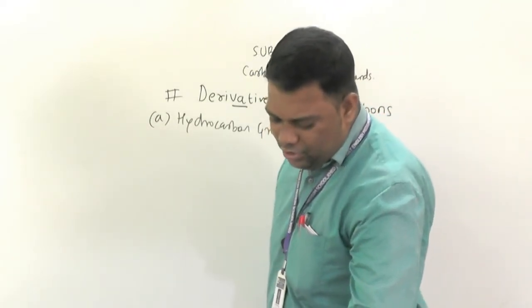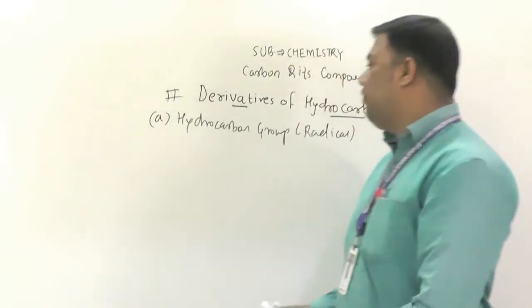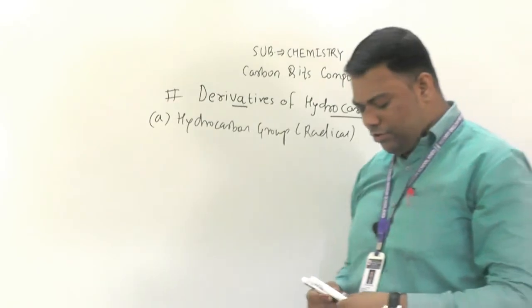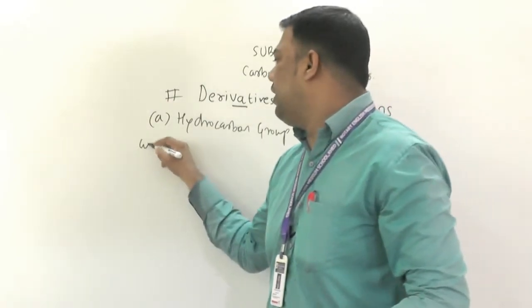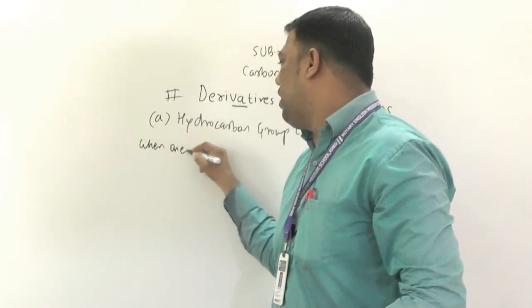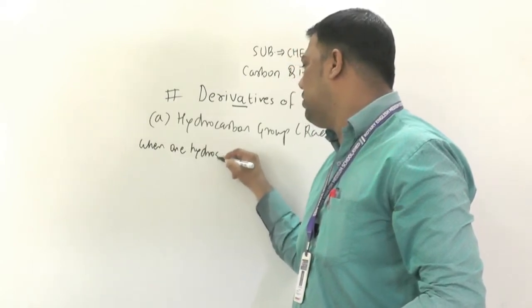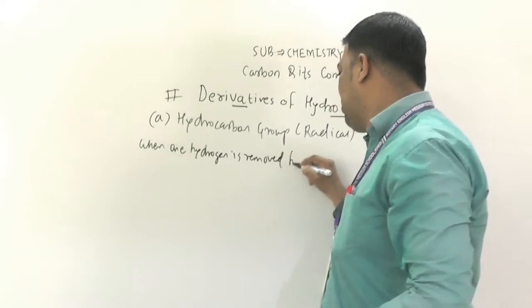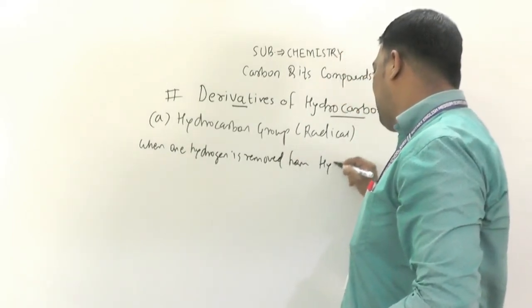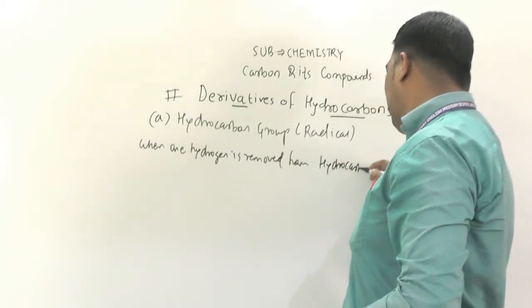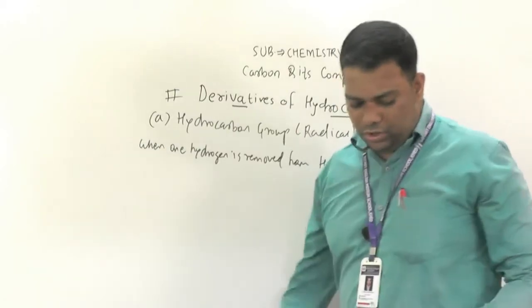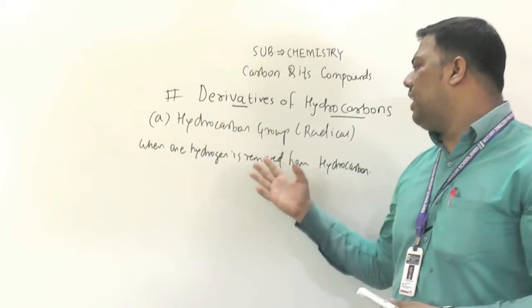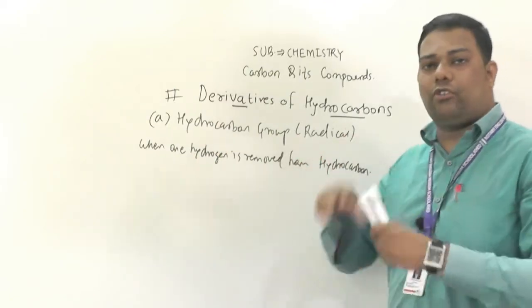When one hydrogen is removed from a hydrocarbon, it will produce a hydrocarbon group or radical.